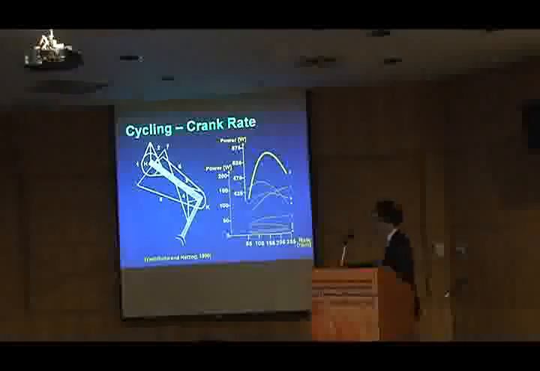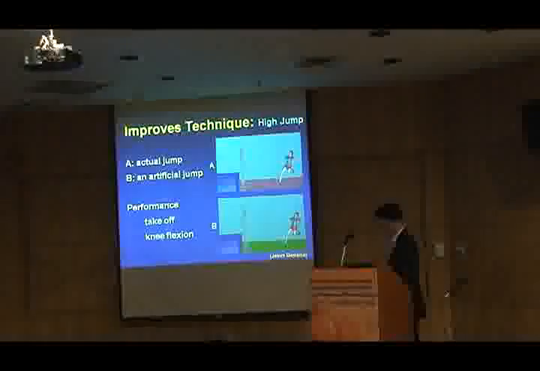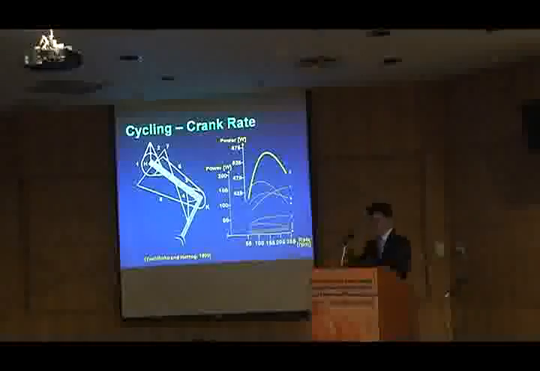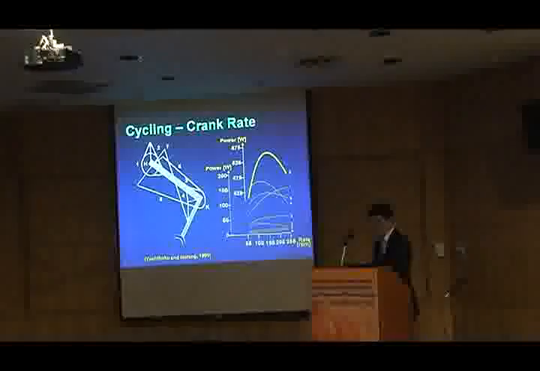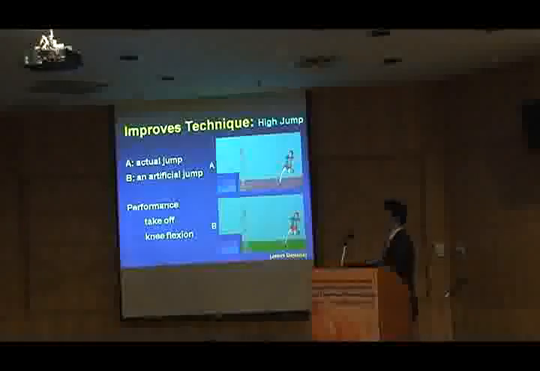For example, this is the RPM, and you can get the maximum power here at a certain speed in the cycle. So height is important, and the revolution is also important. So we can use simulation to get the best performance.